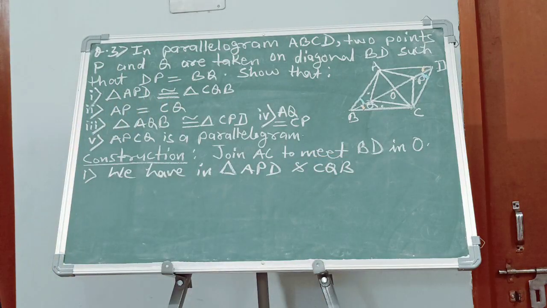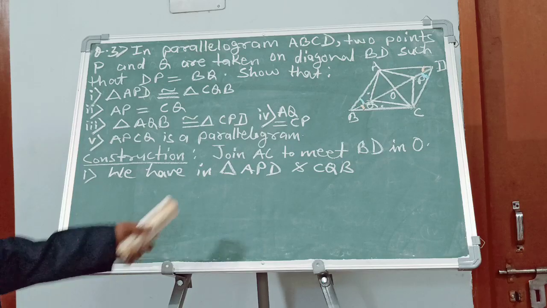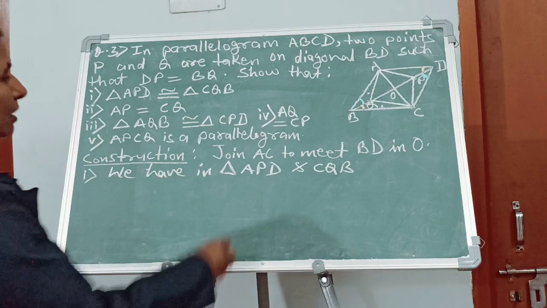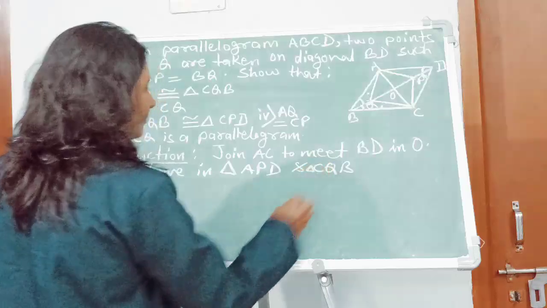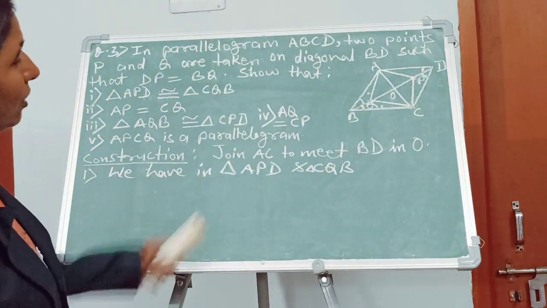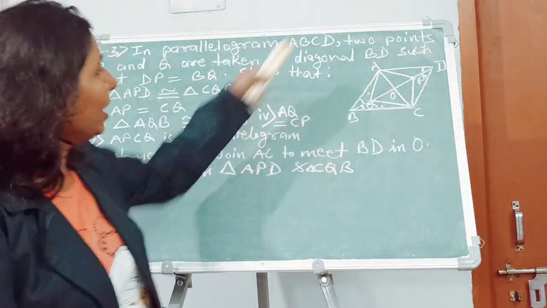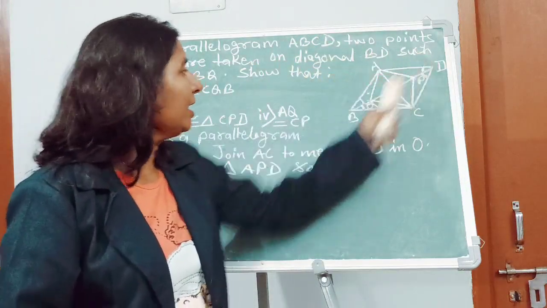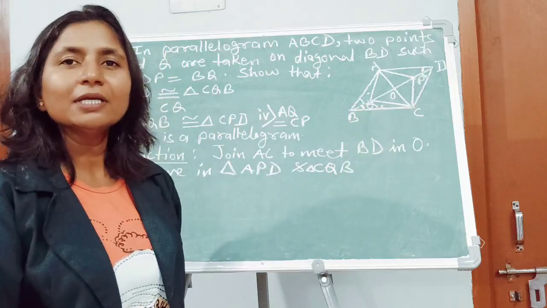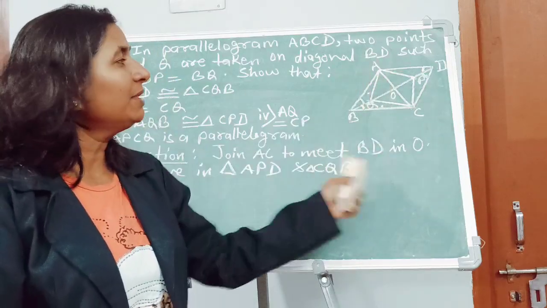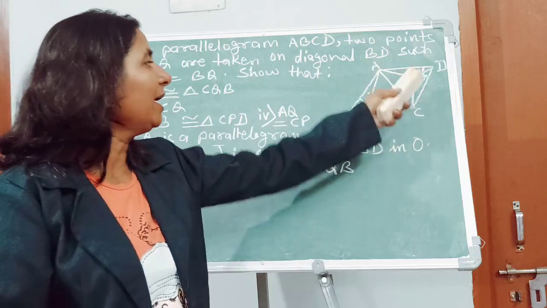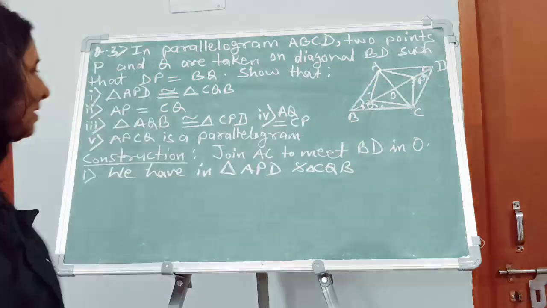What are the common things which will be helpful for showing that these two triangles are congruent? See, in triangle APD, AD is equal to BC. Why? Because ABCD is a parallelogram and AD and BC are opposite sides.